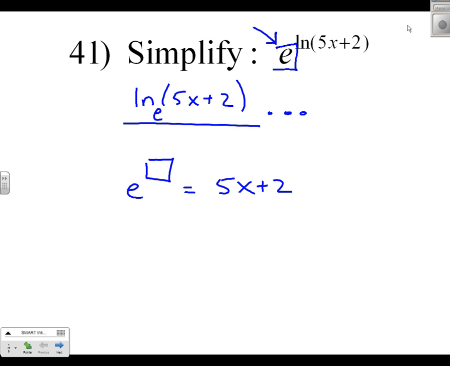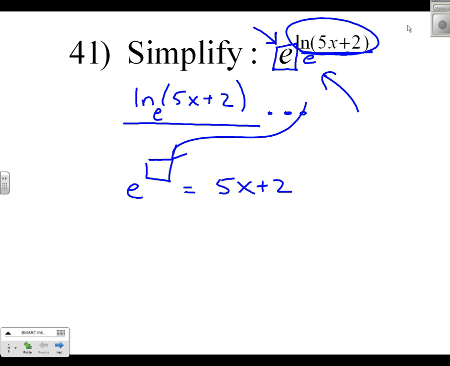We have e raised to the exponent that would turn it into 5x plus 2. This is our e harmony case. This is exactly what ln 5x plus 2 wants to do. It wants to be here.